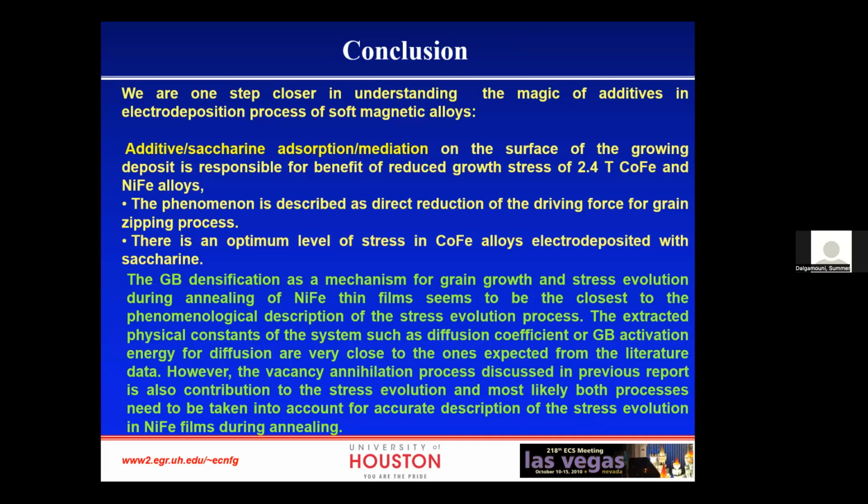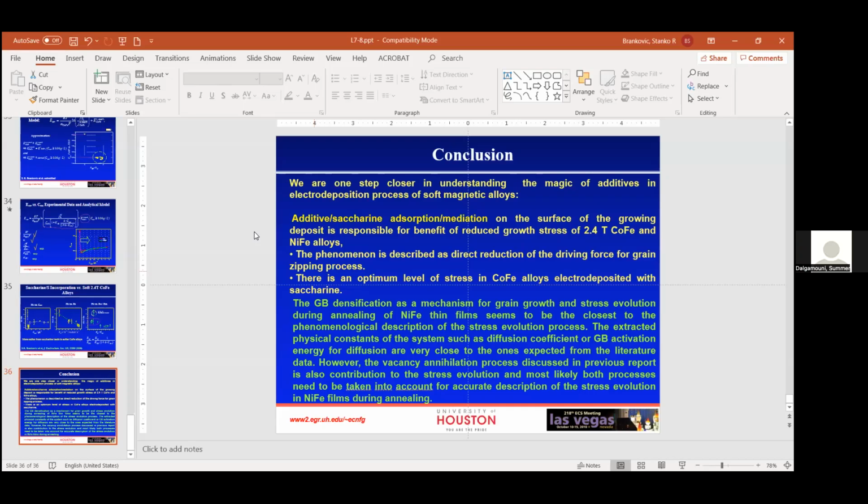And that's a very important thermodynamic fact that is actually responsible for the decrease in the driving force for the grain zipping process. So yes, but make a distinction between the bulk stress, which is in the film, and surface tension, which is the surface energy type of thing. Okay. Thank you, Professor.